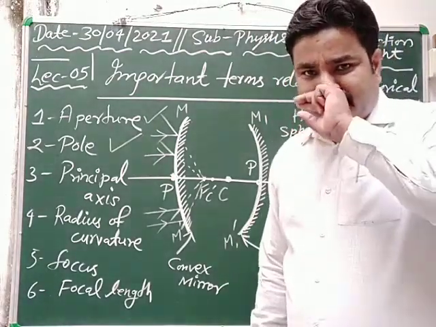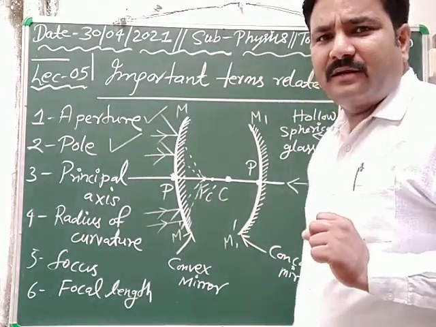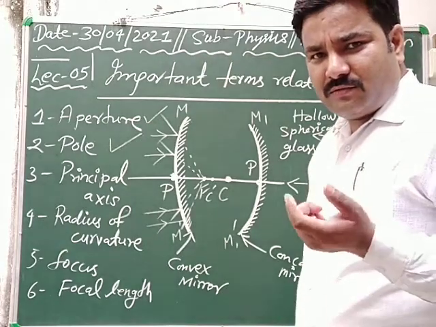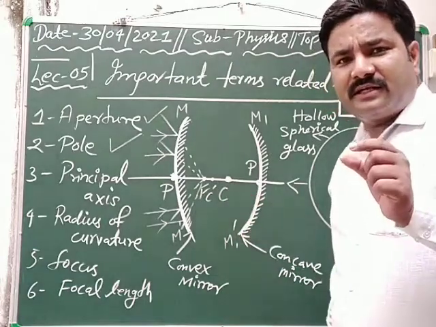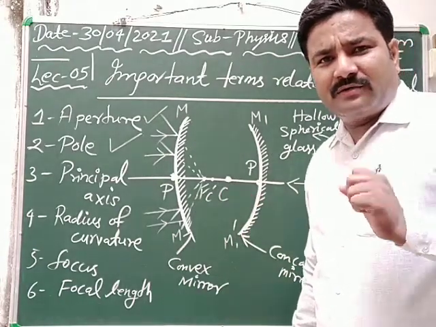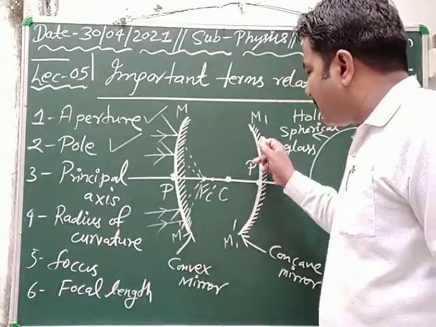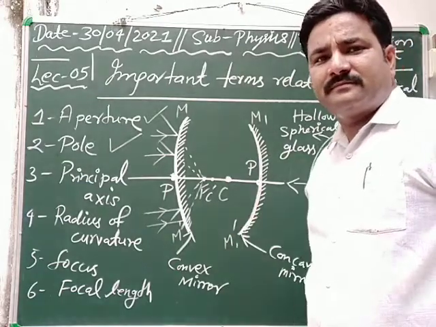Listen again. C is the center of curvature. And how do we define the center of curvature? The center of curvature is the center of that hollow sphere of which the mirror is a part, either a convex mirror or a concave mirror.